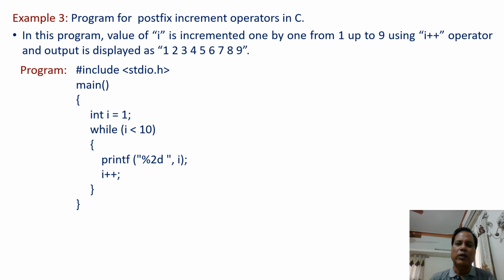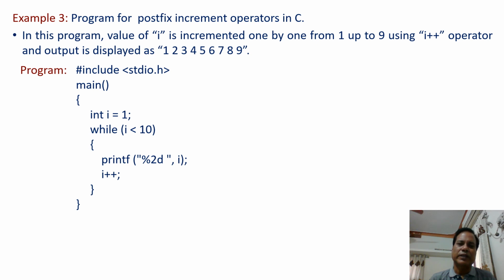In the body of the while loop, the first statement is printf with %2d. So the value of i, that is 1, is printed at this point. After printing the value of i, it is incremented, i++. Its value is incremented, so it now becomes 2.